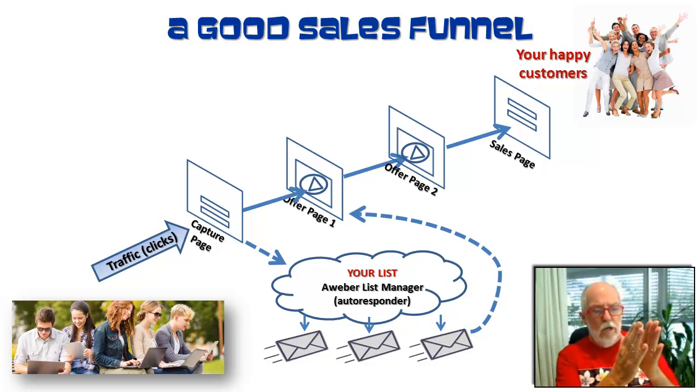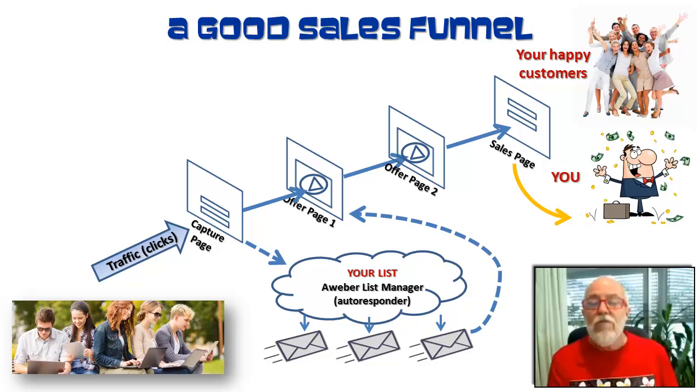My coach and mentor talks about a window of opportunity, and it moves. When someone comes to your capture page, they may not be ready to buy because they're just doing their research. So when that window of opportunity opens, you've got to be top of mind, and an easy way to do that is by sending them emails, which is that little dashed line there. So there you are, making money from your sales.